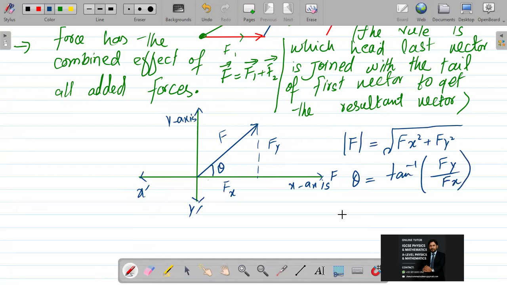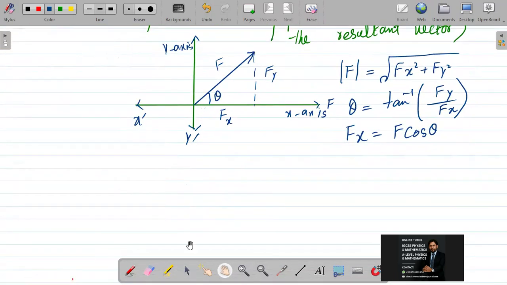On the other hand, if I want to calculate its horizontal and vertical components, then Fx is equal to F cos theta and Fy is equal to F sine theta. The force along the x-axis and y-axis can be used to get the resultant force.